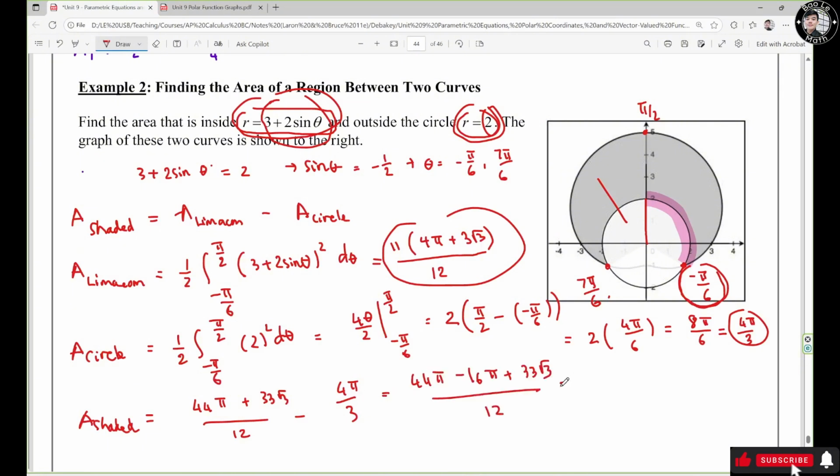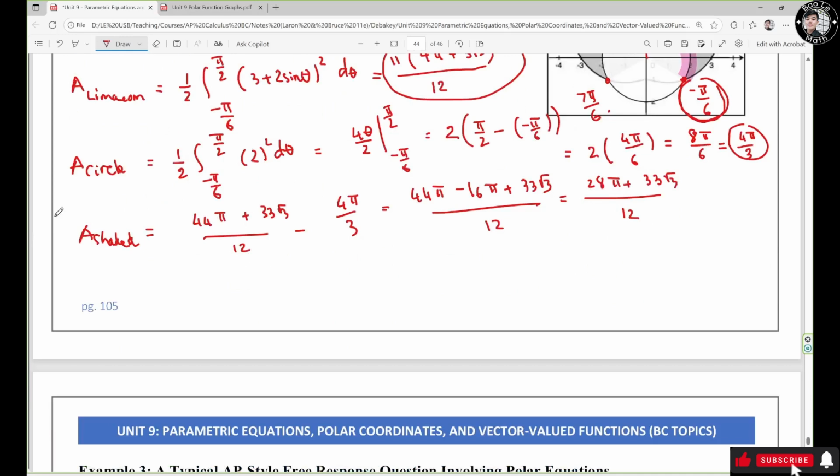So it could be 28 pi plus 33 root 3 over 12. Now, you need to multiply this area of the shaded region by 2. So multiply by 2. It's going to be 28 pi plus 33 root 3 over 6.